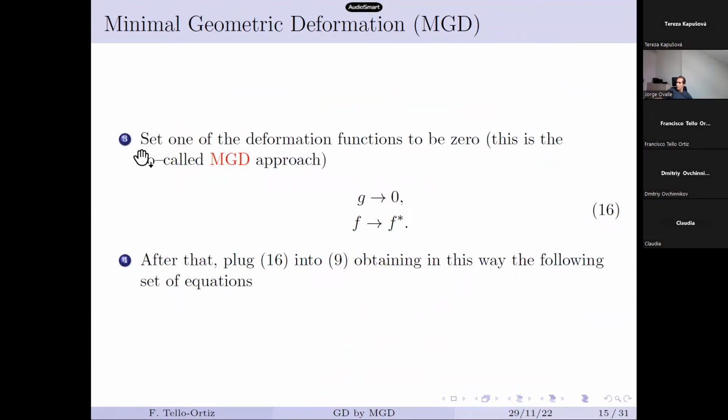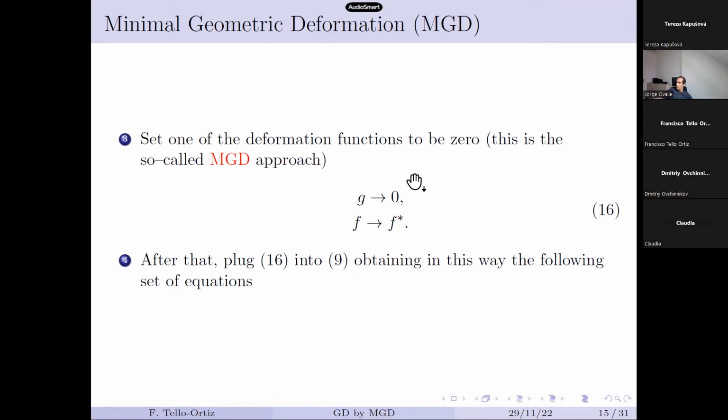Then the third step, set one of the deformation functions to be 0. When you set one of the deformation functions to be 0, then you are on the so-called MGD approach, minimal geometric deformation approach. It means that you are minimally deforming the space-time, okay, where one of the metric components remains unchanged.